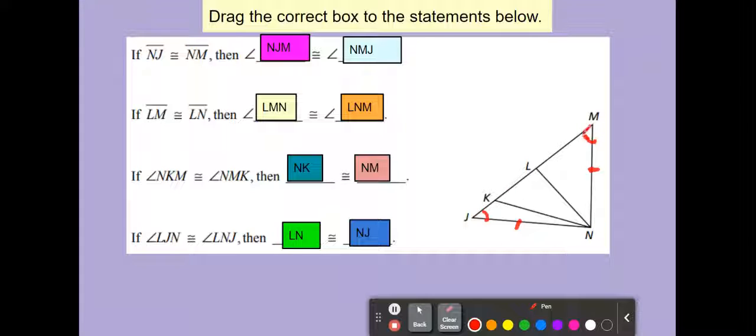That one. Again, that's the isosceles triangle theorem. If we look at this one, if LM, that one, is congruent to LN, so you can see creating an isosceles triangle here. That means that angle LMN, this angle again, must be congruent to LNM. That one.